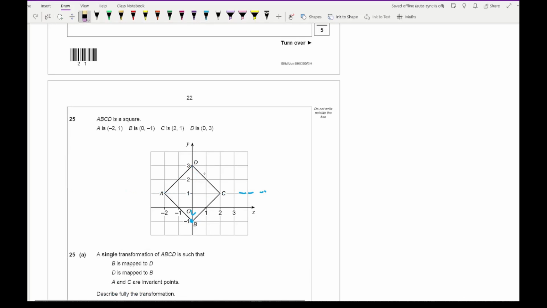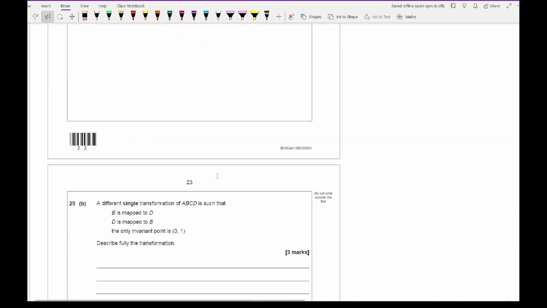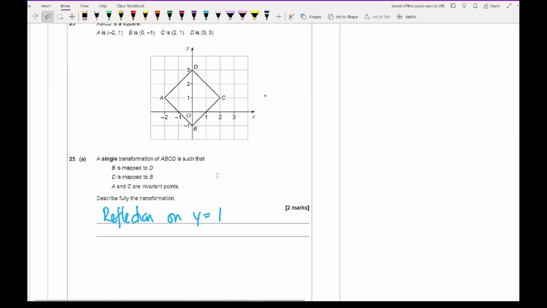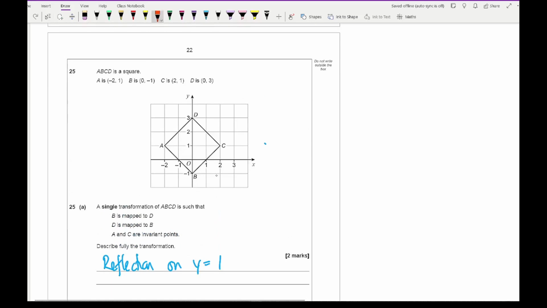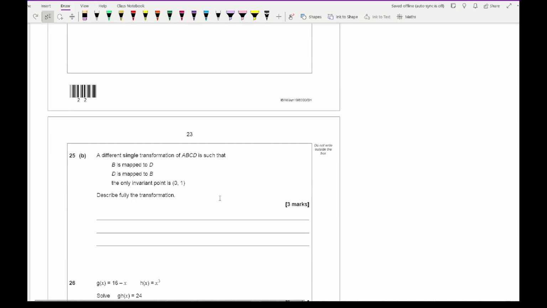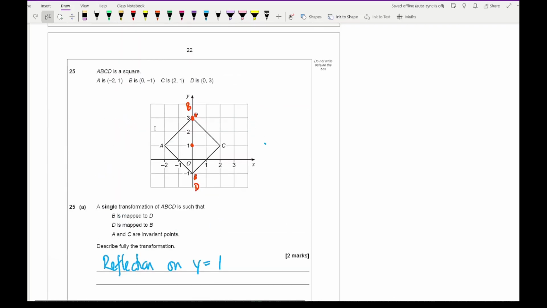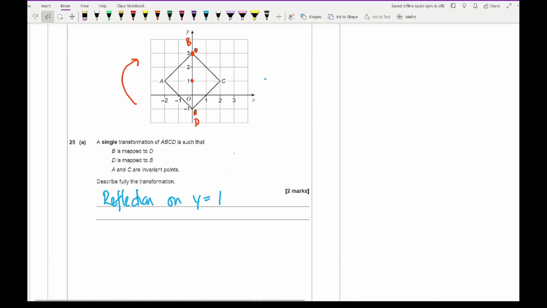So it says that B and D have swapped. So this is now B, this is now D, and the only point that hasn't moved is 0, 1. So basically A has been moved and C has been moved. Now I would say by looking at it that it has been rotated to get to that point.